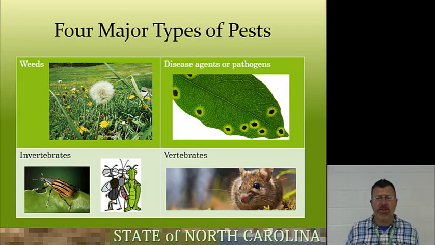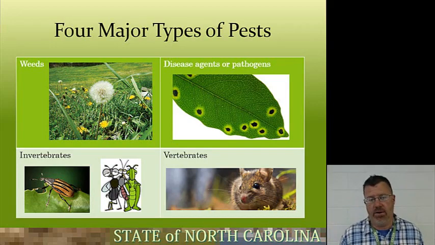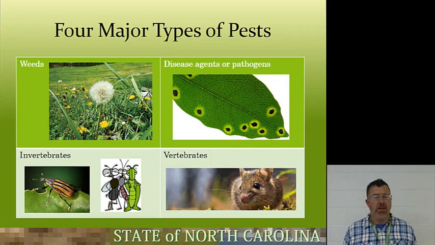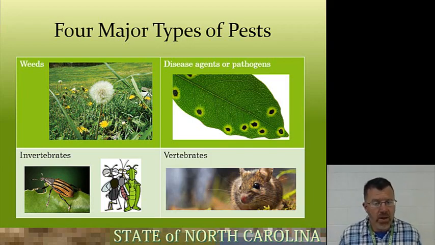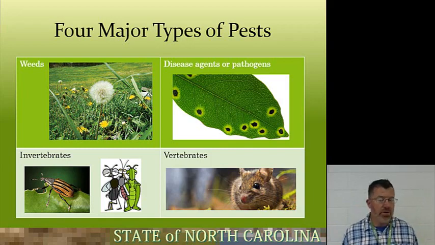There are four major types of pests. We have weeds that, to be honest with you guys, we can make a lot of money off of. I'm glad they exist in some of these lawns that people want to pay us to come and spray. Diseases or pathogens, something we definitely don't want to see if we're a nurseryman or a greenhouse operator. We want our greenhouses and our agricultural commodities to be free of these.